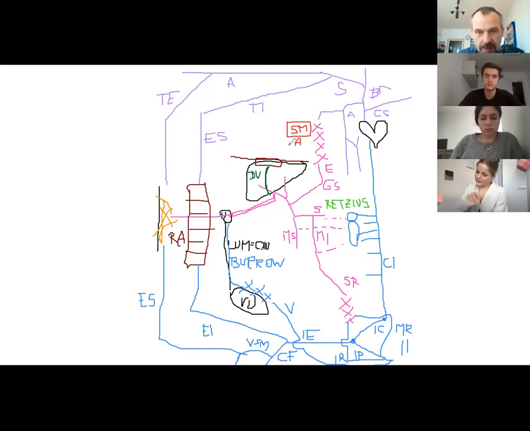And the veins of the diaphragm, they drain into the azygos and hemiazygos vein. Yeah. They drain via pericardiacophrenic and musculophrenic to the internal thoracic, so that's musculophrenic and pericardiacophrenic. And they also drain to lumbar veins.